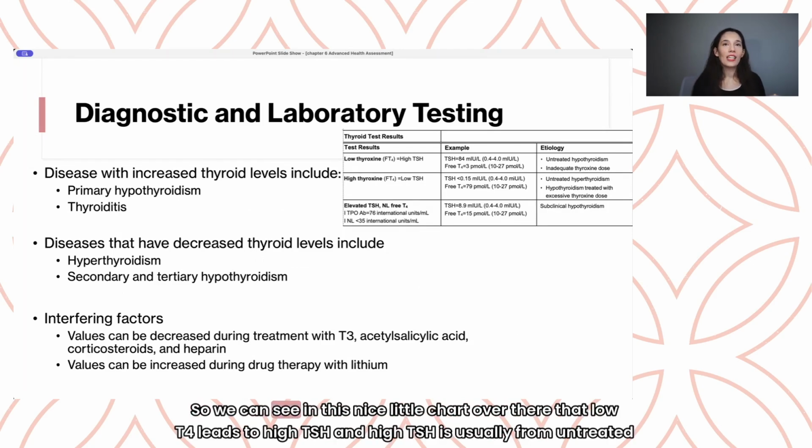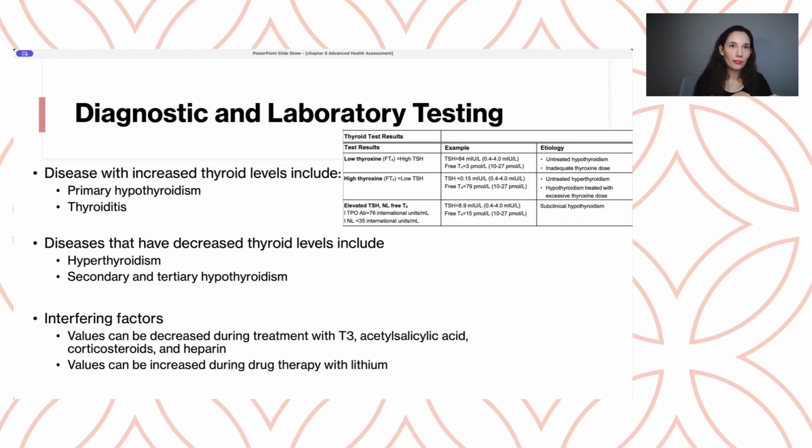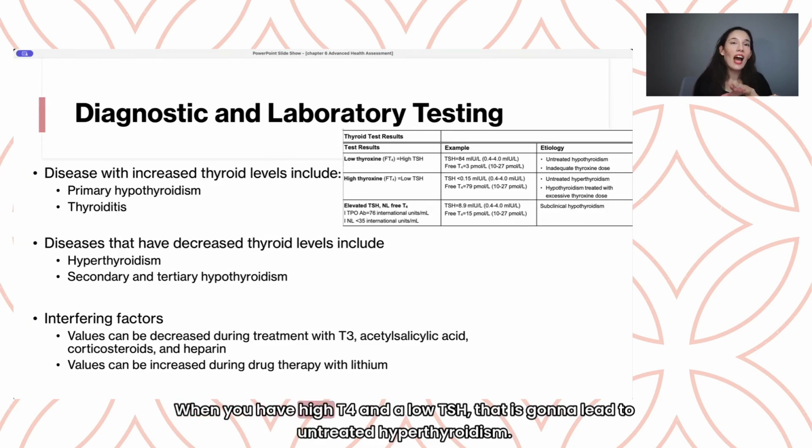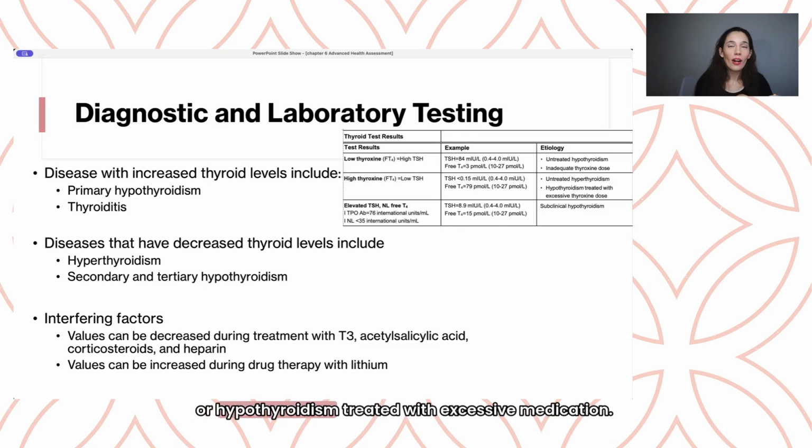So we can see in this nice little chart over there that low T4 leads to high TSH, and high TSH is usually from untreated hypothyroidism. When you have high T4 and a low TSH, that is going to lead to untreated hyperthyroidism or hypothyroidism treated with excessive medication.